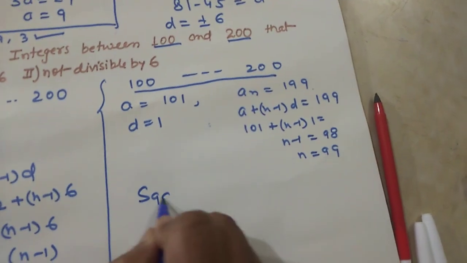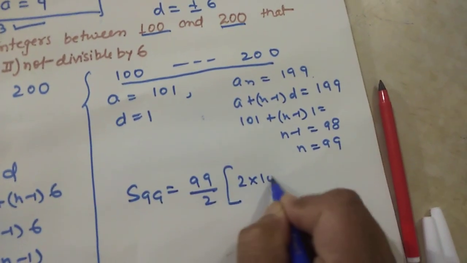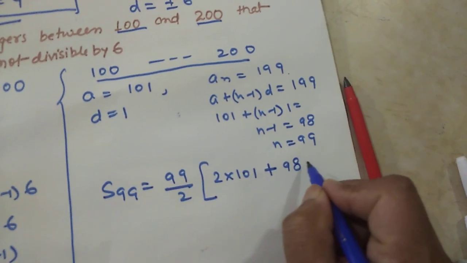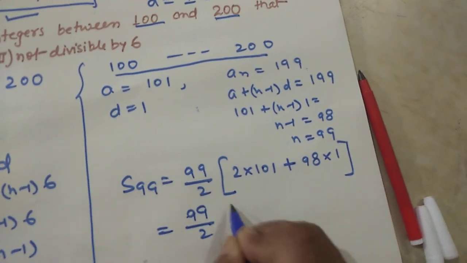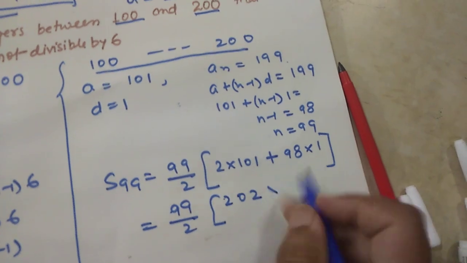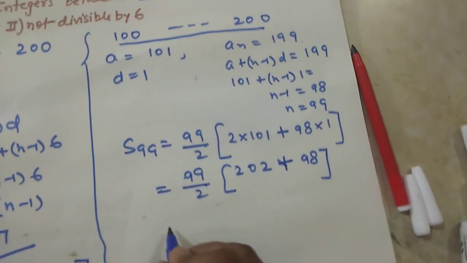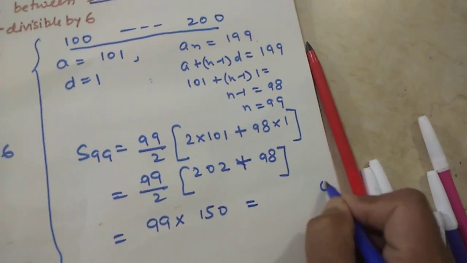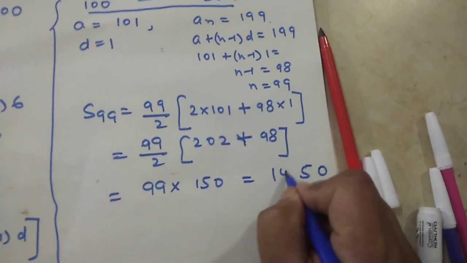So S99, I am writing directly, 99 by 2, 2a, 2 into 101 plus 99 minus 1, 98 multiplied by d. d is 1. So this is 99 by 2 times 202 plus 98, so 99 multiplied by 150 is equal to 14850.